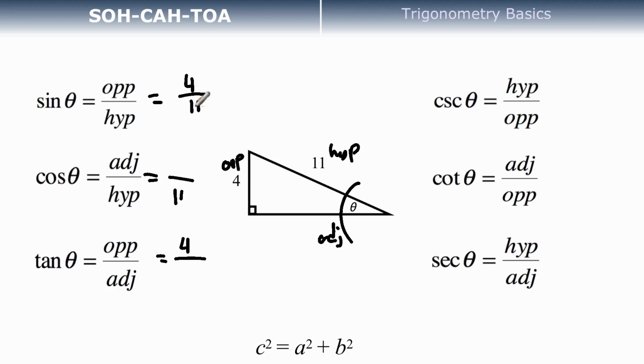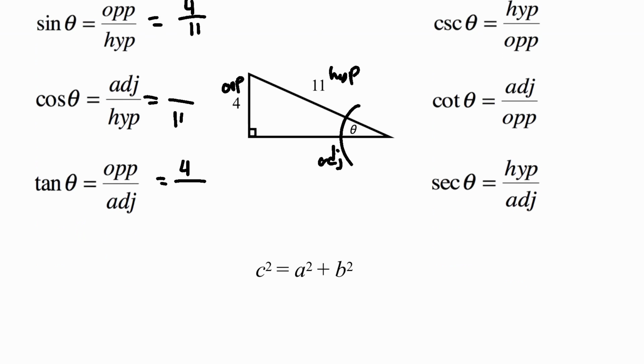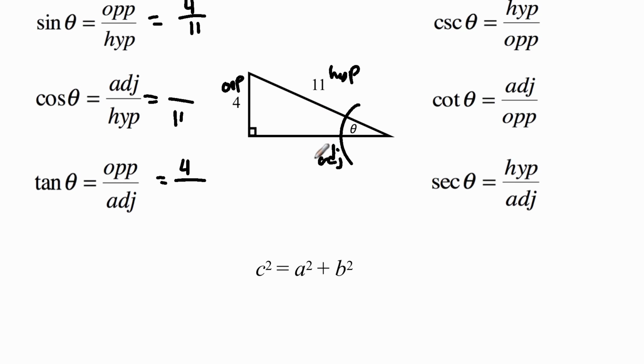Now, if I know two of the sides, I can use Pythagoras, which you've done in other classes, to figure out what that third side would be. So here's Pythagoras right here. C is always the hypotenuse. So 11 squared is equal to a squared, we'll call that a, 4 squared, plus b squared.